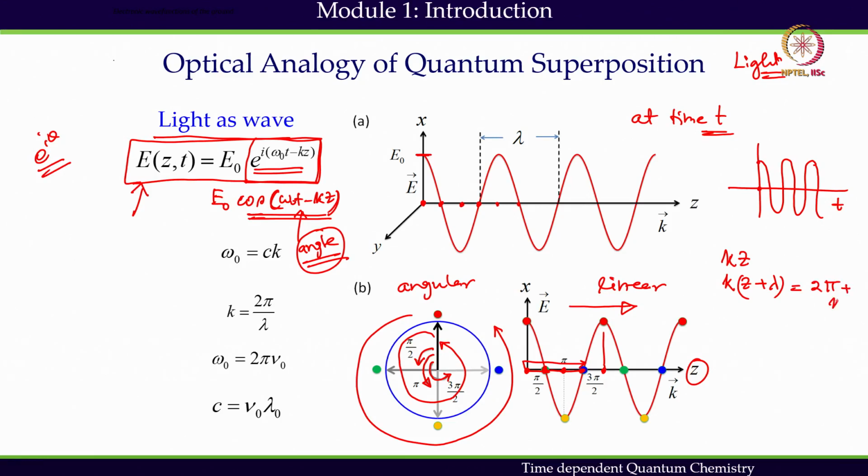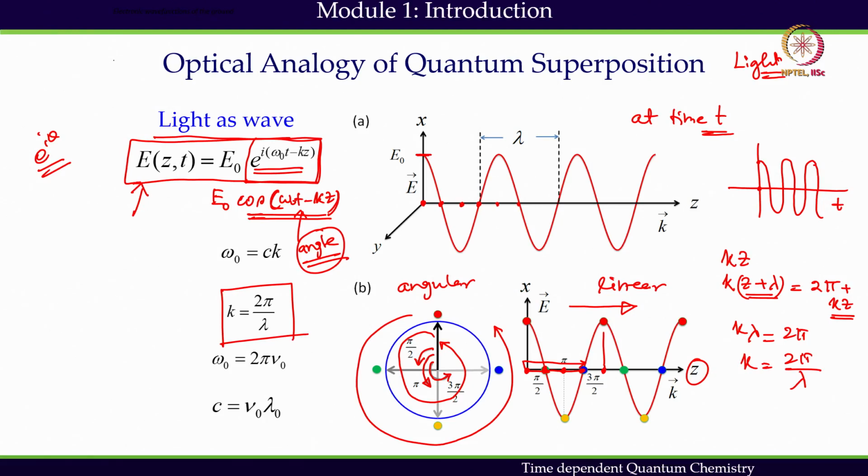Previously it was kz, now with linear advancement z plus lambda, it gives angular advancement kz plus 2 pi. So it gives k lambda equals 2 pi, or k equals 2 pi by lambda. These are the relations which are important for all these plane waves.